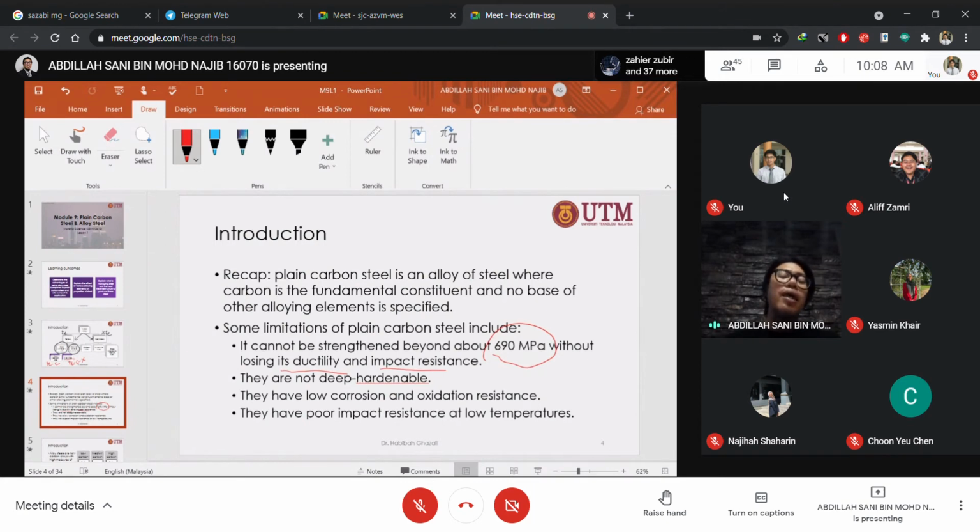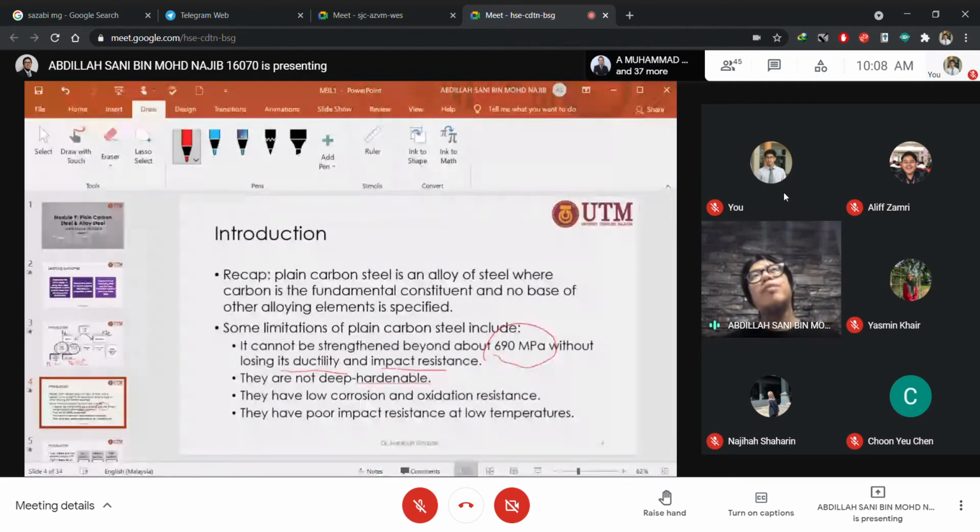Also, plain carbon steel is not deep hardenable. It has some amount of hardenability, but due to the absence of other alloying elements, it is also limited.